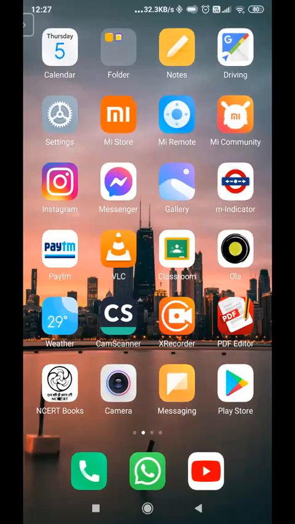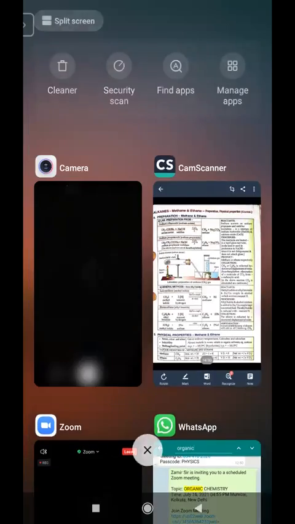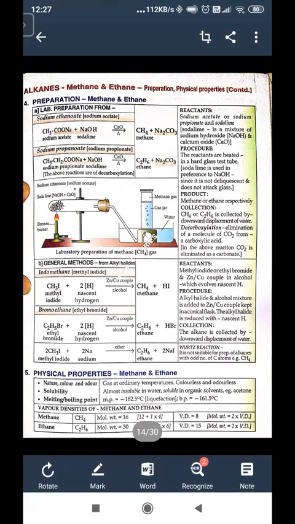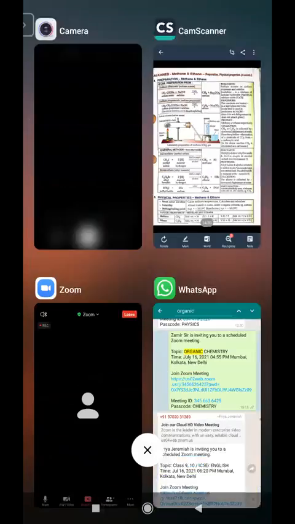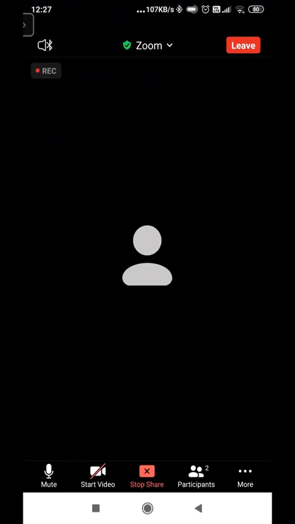So let me explain you by using this. A laboratory preparation of alkane is given over here.